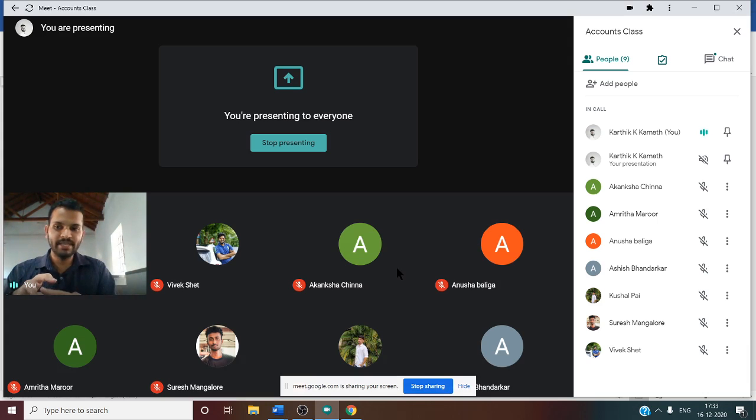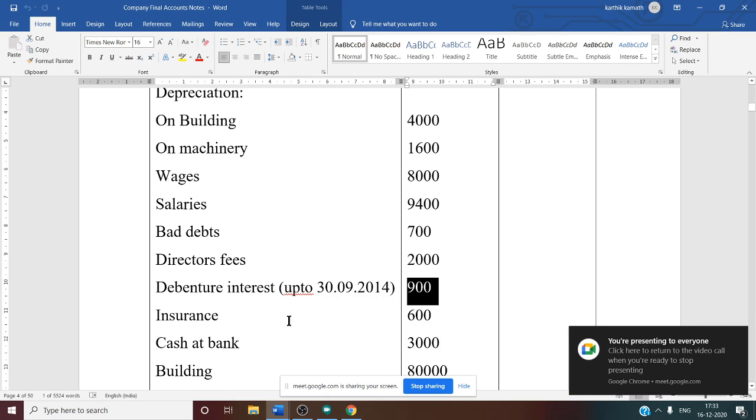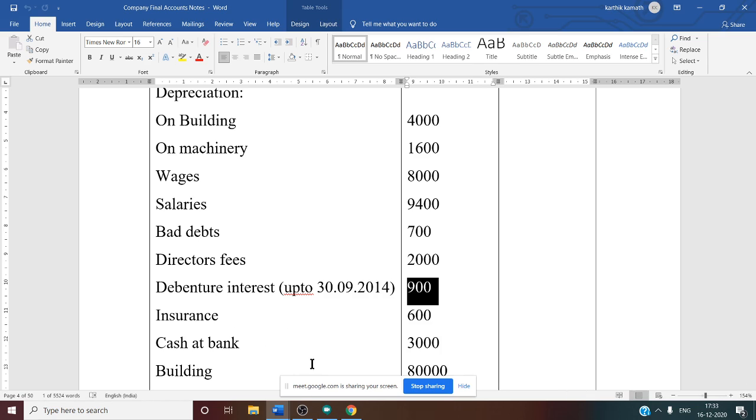The remaining months in one operating cycle are October, November, December, January, February, March. These 6 months it is not paid. So outstanding debenture interest is there, and we have to add that information, that is 900. Again 900 we have to add to the debenture interest. So we will get the debenture interest for one operating period or one operating cycle.